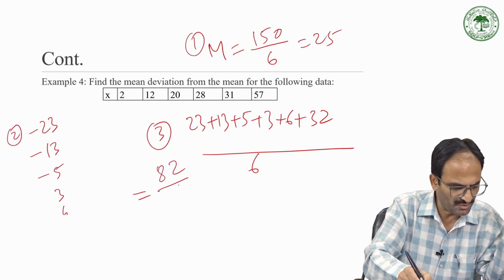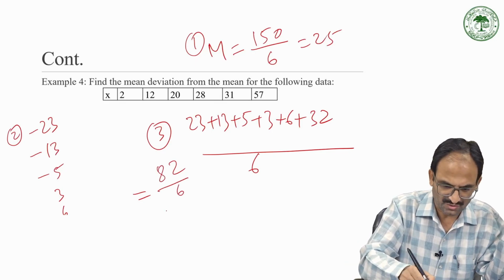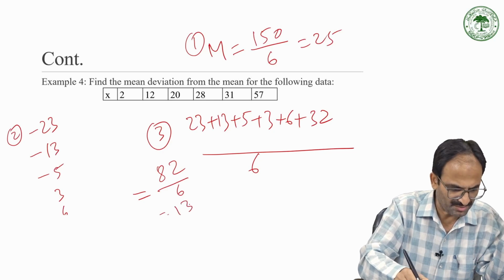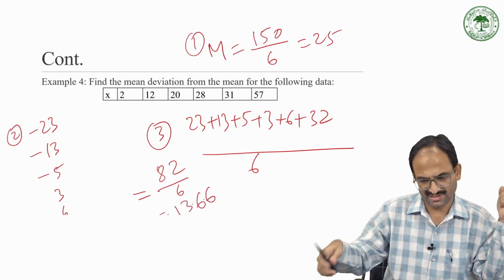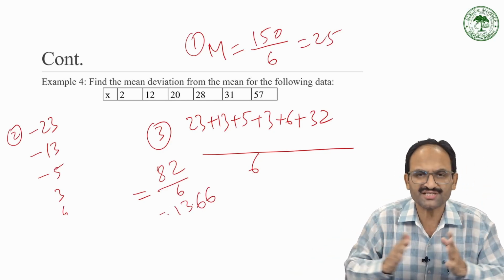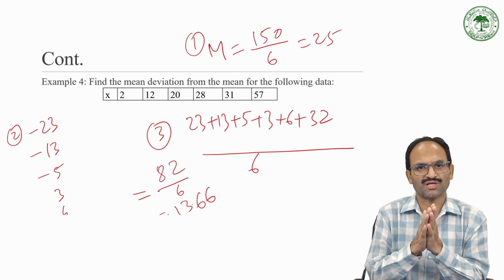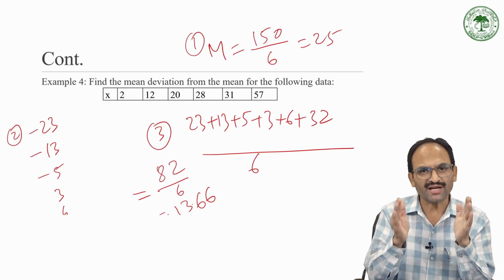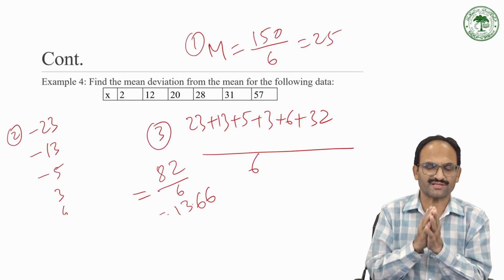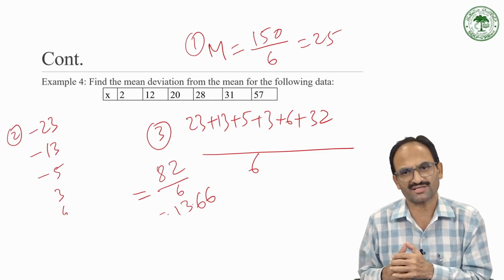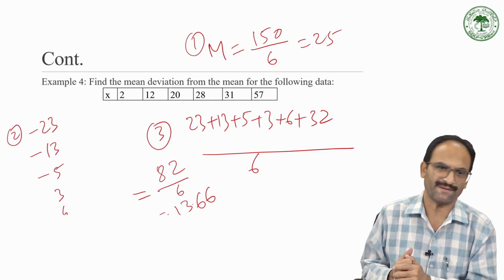So 82 divided by 6. So finally it comes to be 13.66. So your average deviation or mean deviation in this example has come out to be 13.66, and it shows that on average every individual number given in this data set is 13.66 units away from the mean.